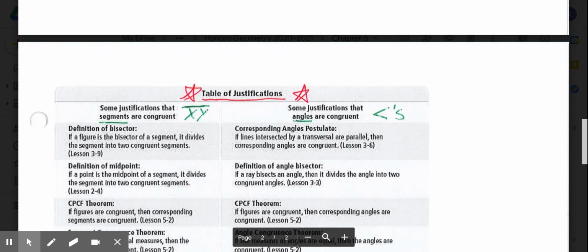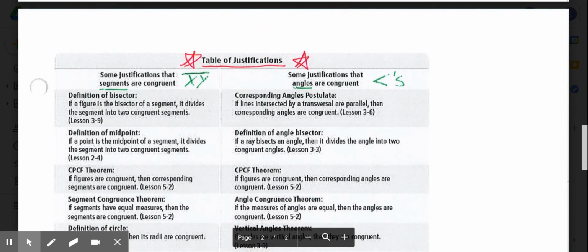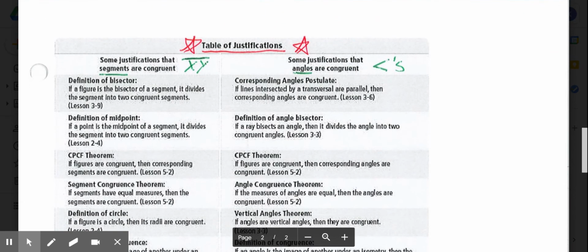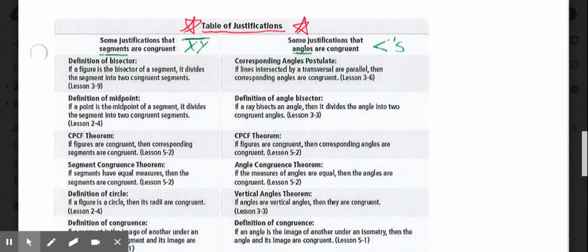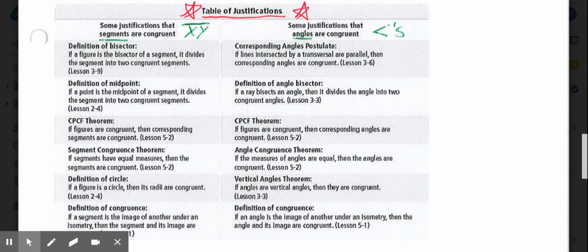So now let's look at a few different pieces here. Tables of justifications. On the left here, this table just gives you some common justifications you may be using in these first couple proof lessons.